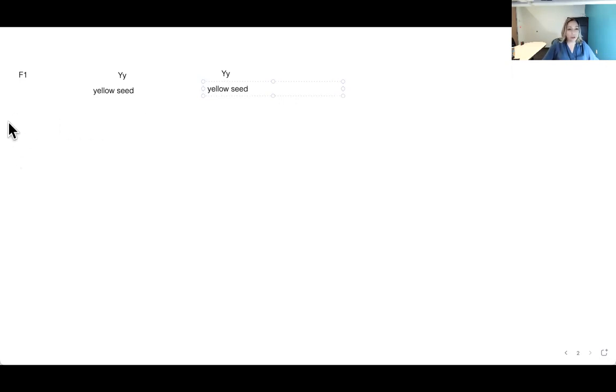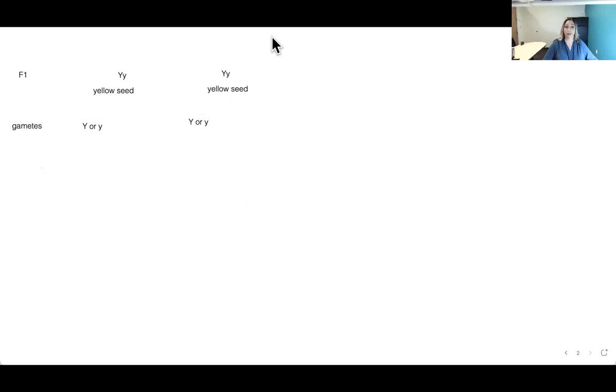Okay, so now we are going to look at the gametes. So remember, the homologous chromosomes are going to separate into 2 different haploid gametes. So the gametes for the first individual could be big Y or little y. And same for the second individual.